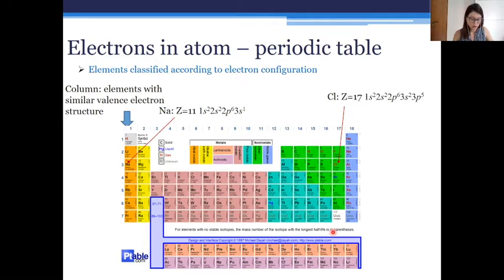So when you have a look at this periodic table, you see that we have 7 rows, or 7 periods, and they are filled along the row by the number of shells that they have in their electron configuration, and along the row they are organized considering the number of electrons that they have.